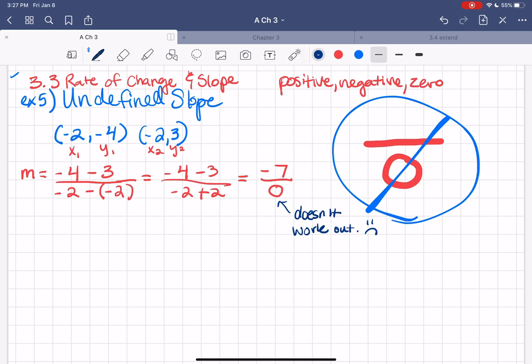And let's look at what exactly that means from the context of rise and run, because we've been looking at that with all of our slopes. So we're saying that we're going to rise -7, sure, whatever, but our run we're saying is 0. So we're saying that we can go up and down. So for this one, we go down 7.